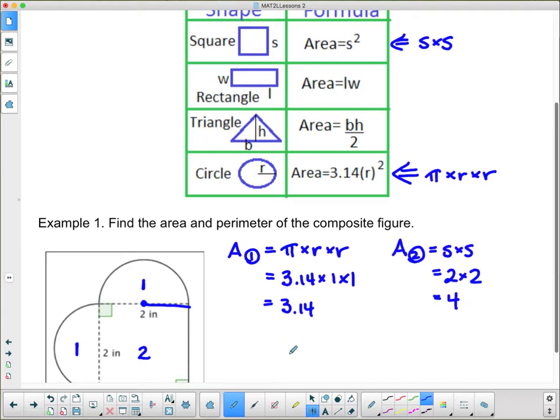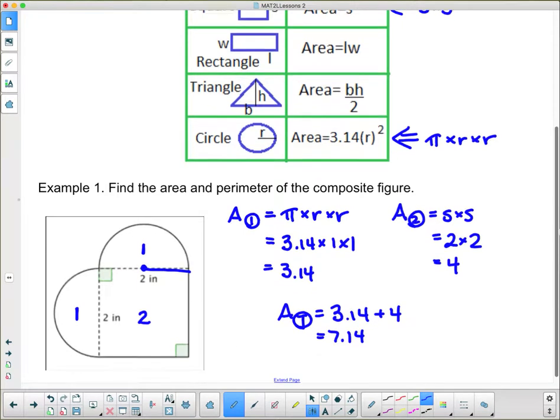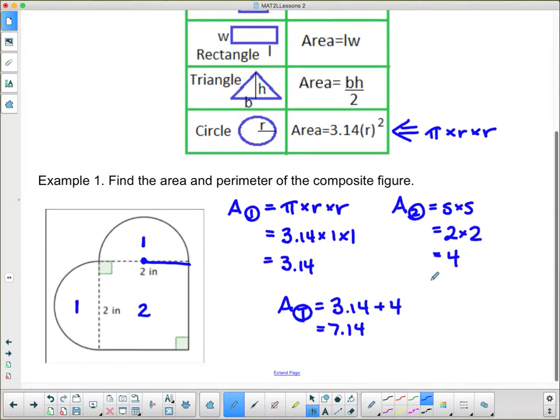Now the total area, area T for total, is going to equal 3.14 plus 4, which is 7.14. Remember, we're finding area, and it was given in inches, so in our last statement we should put square inches. Anytime we find area, it's a squared unit.